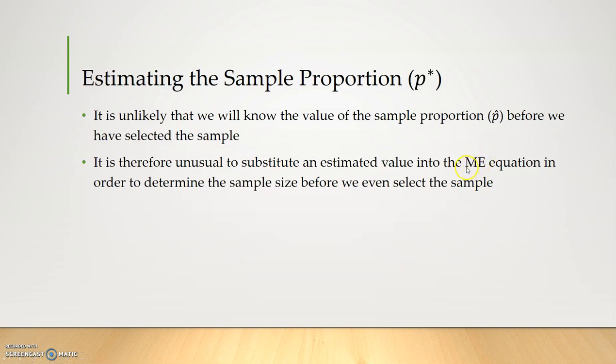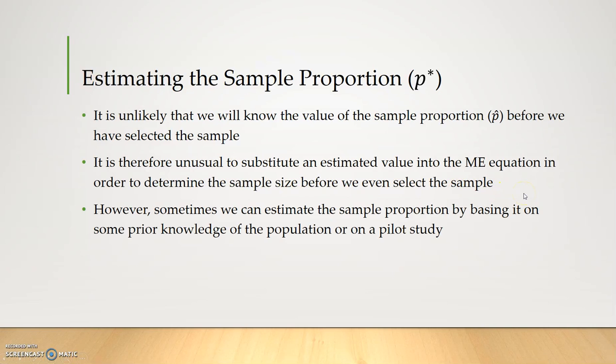It's therefore unusual to substitute an estimated value for P hat into the margin of error equation in order to determine the sample size before we even select the sample. However, sometimes we can estimate the sample proportion by basing it on some prior knowledge of the population or even on a pilot study.